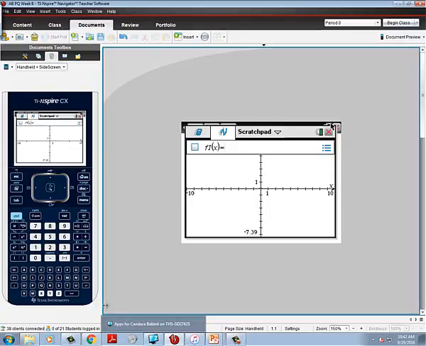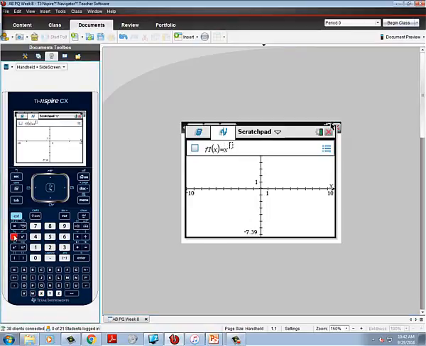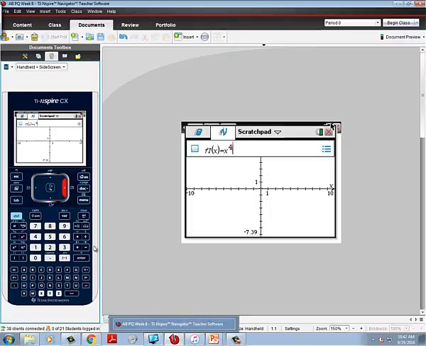And you're going to type this in. So I'm typing in x to the 4th, minus 2x cubed, minus 31x squared. Oops, somehow I got extra in there.